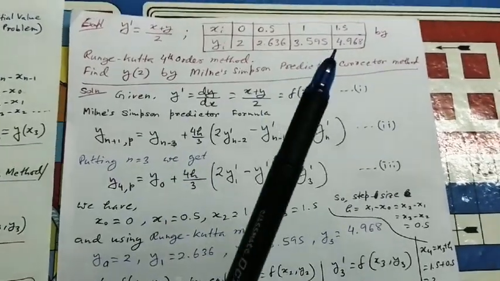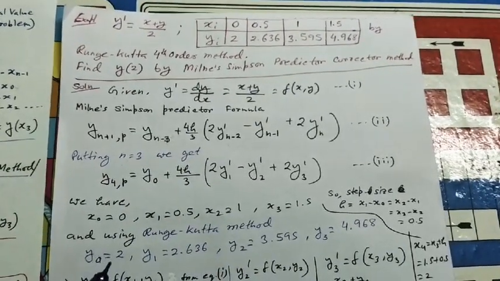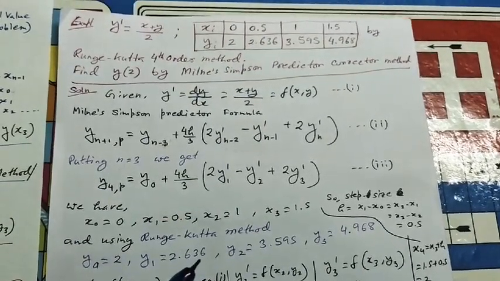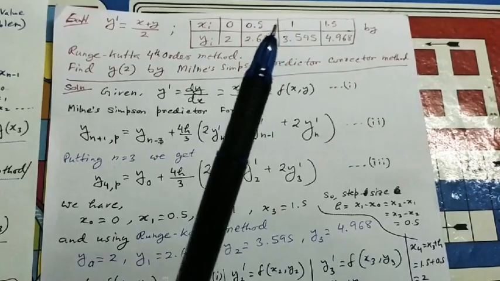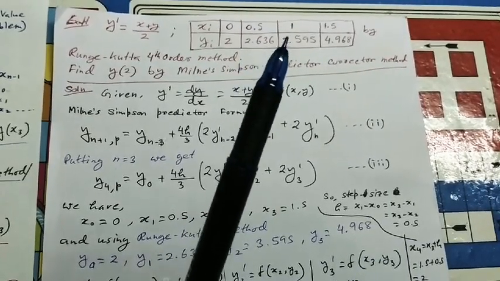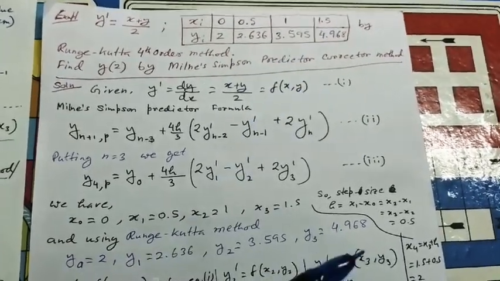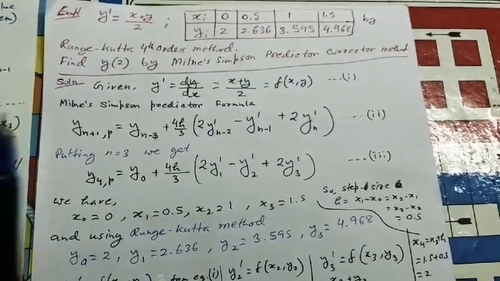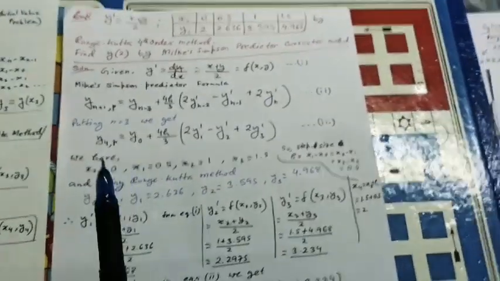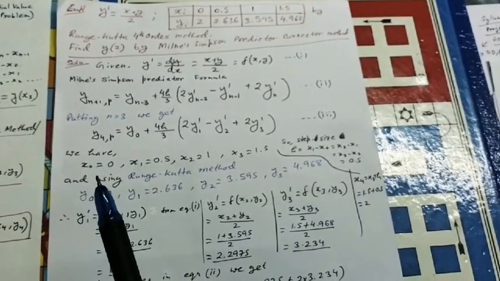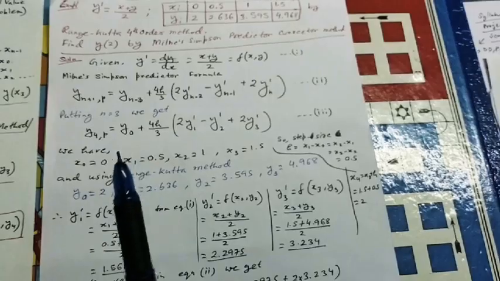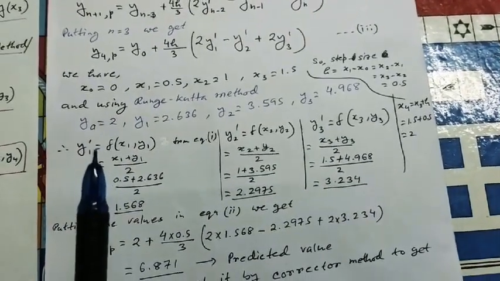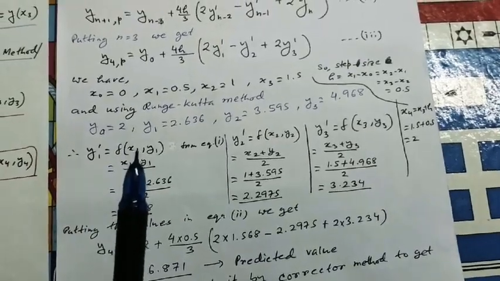Using Runge-Kutta method, it is also given and already calculated: y0 is 2, y1 is 2.636, y2 equals 3.595 and y3 equals 4.968. These values are already given. So from these values of x and y, we can calculate y1 dash. As we know, y1 dash equals f of x1, y1.